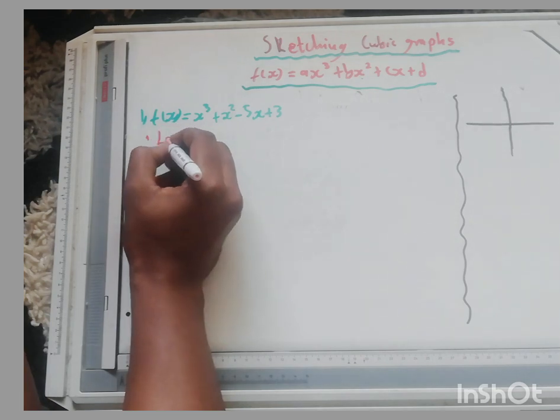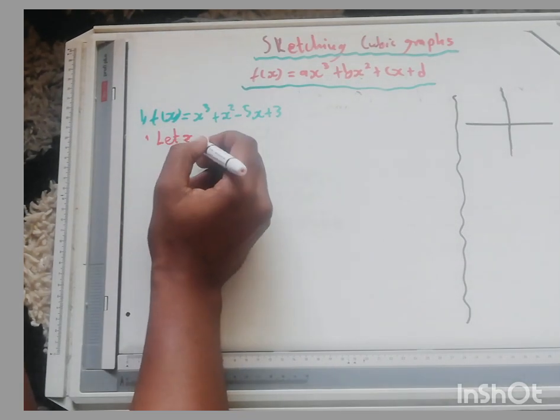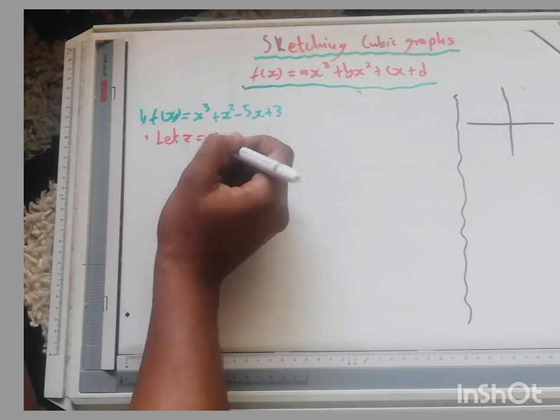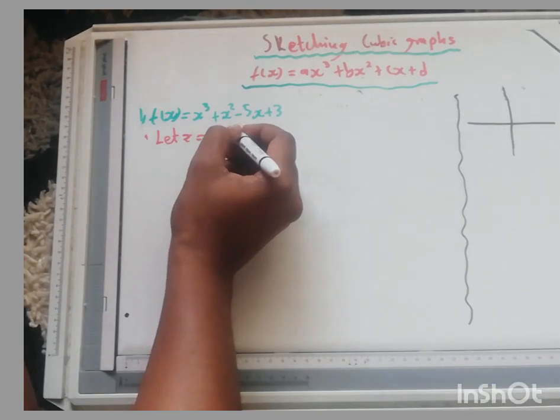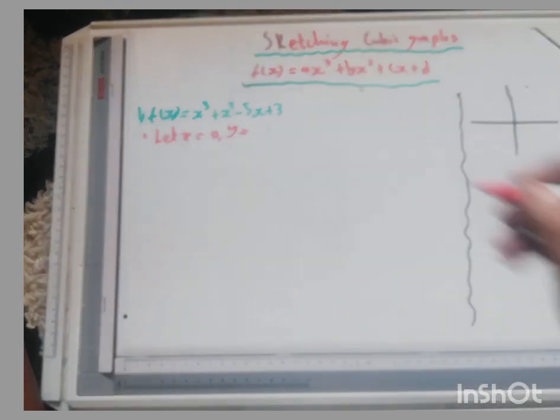Remember, for y, you let x be equal to 0. Then your y-intercept will be 0 plus 0 squared minus 5 into 0 plus 3. So it means that your y-intercept will be 3.